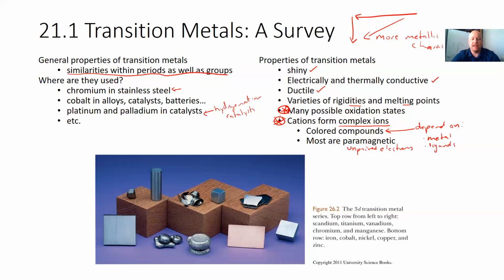Okay, so the ligands and the metal will dictate what color it is, because with colored compounds, we're still talking about, just like we did back in chapter 7, where we looked at hydrogen and the hydrogen spectrum, right? The transitions between energy levels, and the metal is going to have characteristic energy levels, and the shape of the molecule will be part of the energy levels of the molecule as a whole, right?